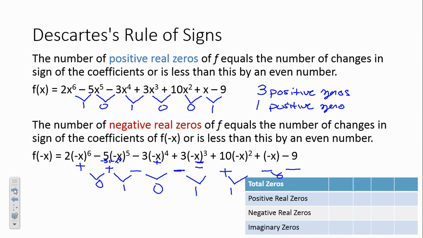So we have a total of 1, 2, 3 sign changes again. So since there are 3 sign changes, we have a possibility of 3 negative zeros. But because of those imaginary numbers that can come along with them in pairs, it's 3 negative, or how many negative? Just 1.